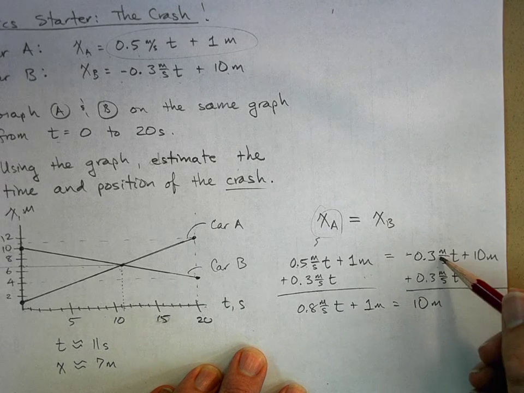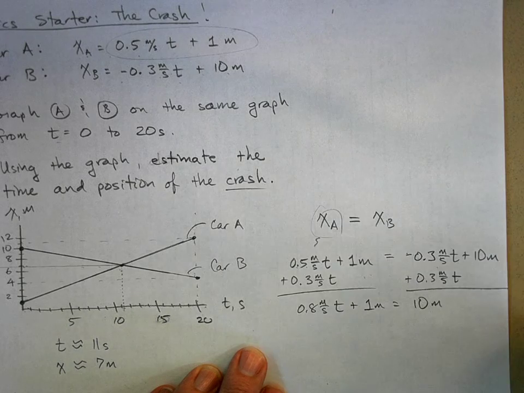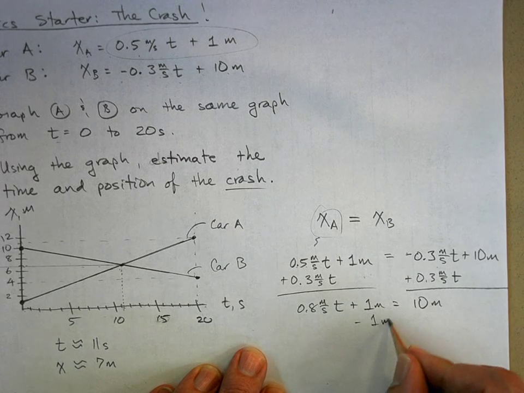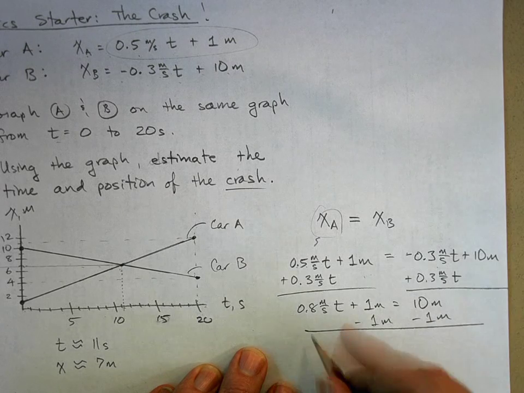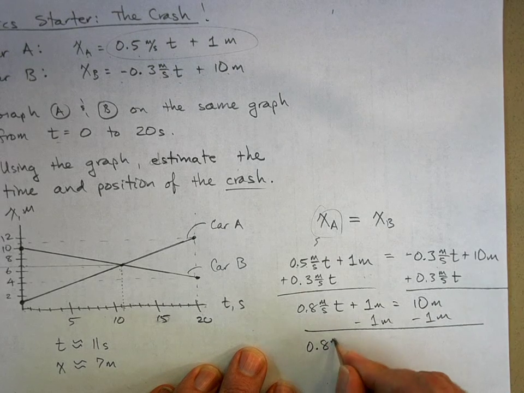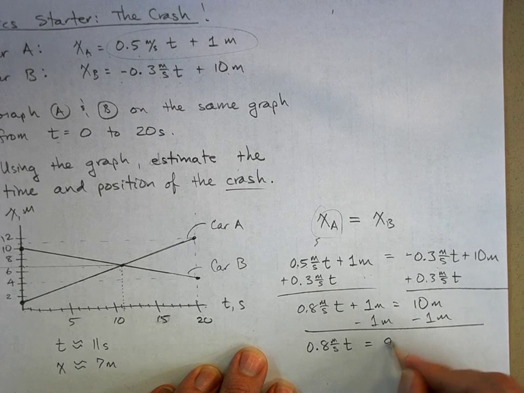Because 0.3 plus negative 0.3, this goes away. That's why we did that. Then we're going to subtract 1 meter from both sides. And if you can do these steps faster, like do 2 steps at once, that's okay. Good for you. 9 meters.